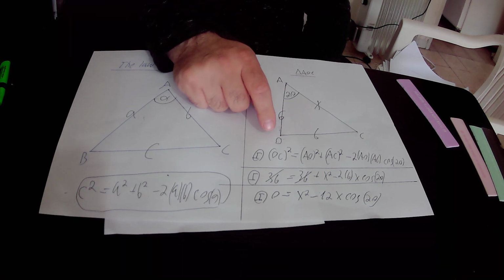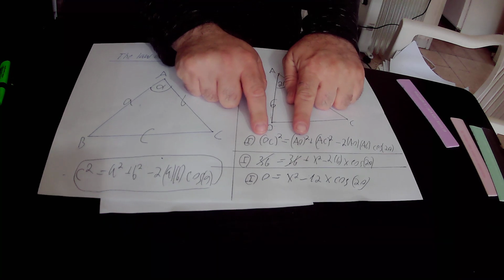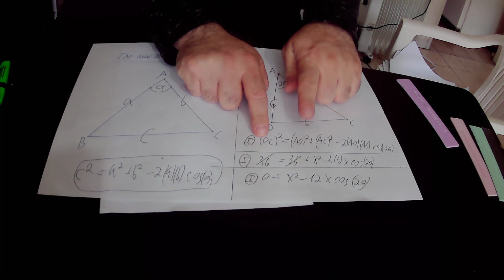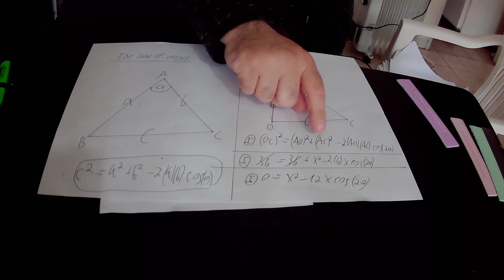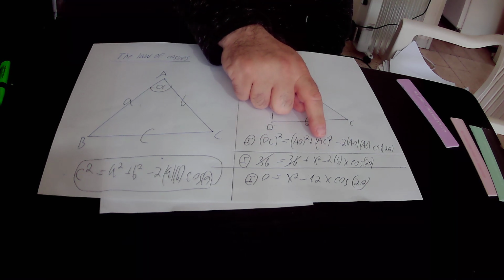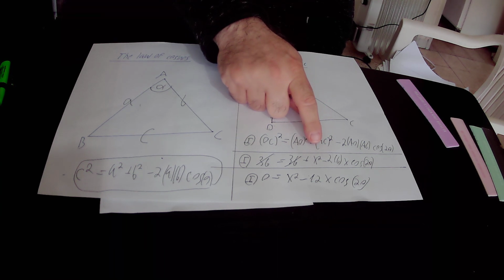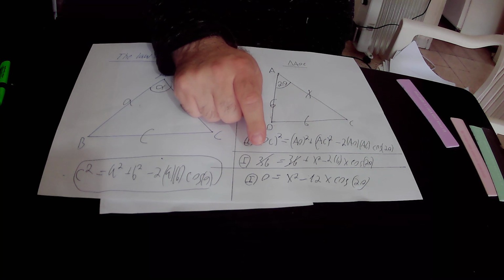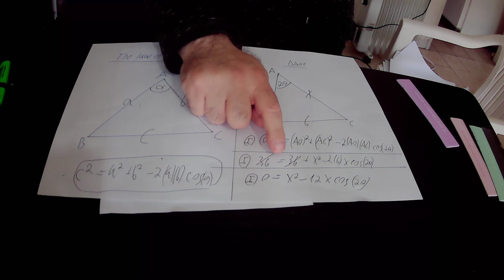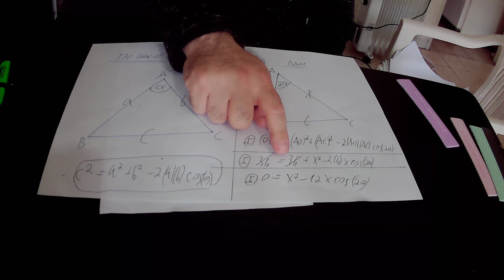So here we have 36 on both sides of the equation, so 36 will get cancelled, and we're left only with x squared minus 2 times 6 times x times cosine 2 theta. Minus 2 times 6 is minus 12, so this expression equals minus 12x cosine 2 theta. So in conclusion, we found that 0 equals x squared minus 12x cosine 2 theta.